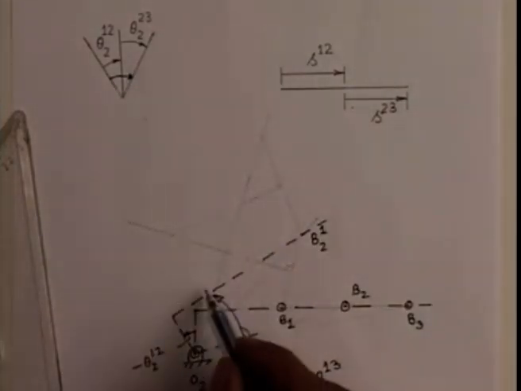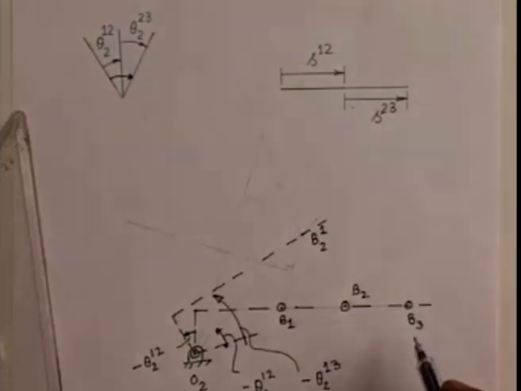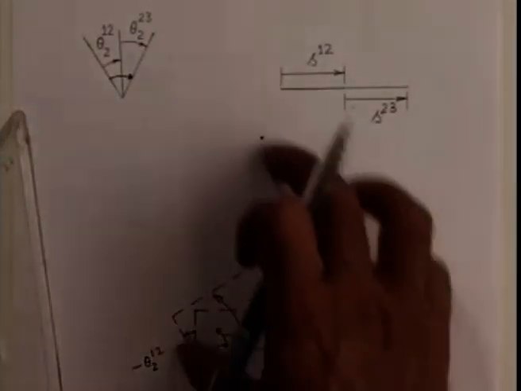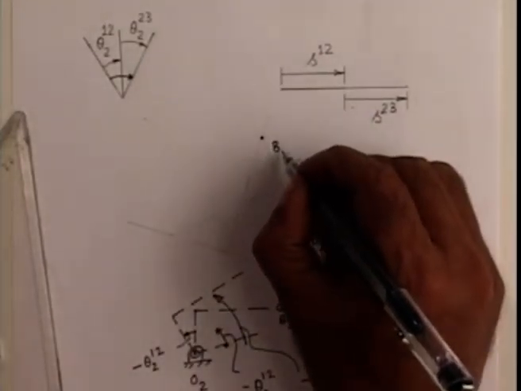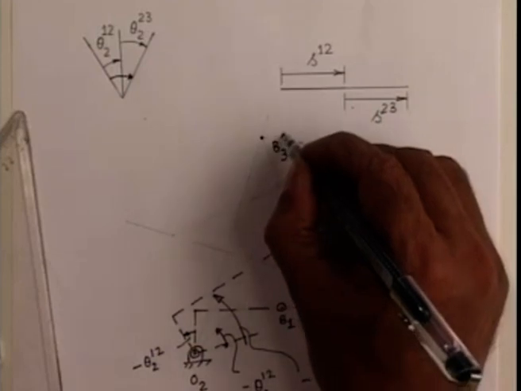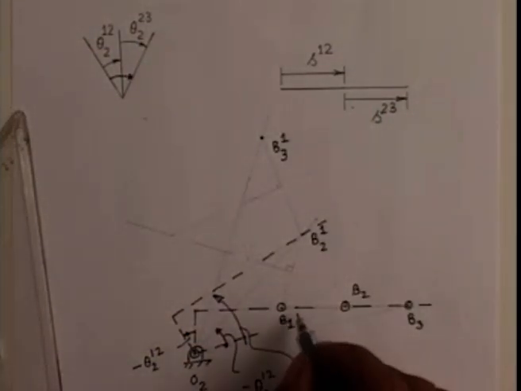So, I rotate counterclockwise, and by rotating O2 B3, I get to the point B31, and B1 is nothing but B11. B1 is same as B11.